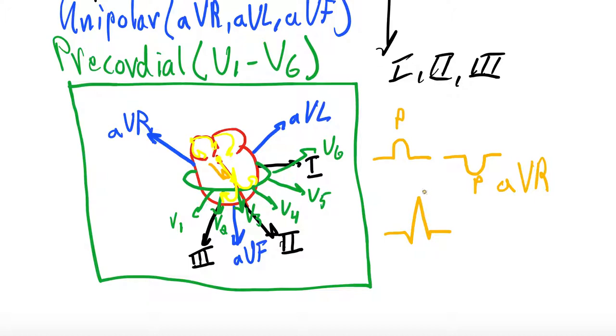AVF is going to have a nice big upright R, assuming that the axis of the heart is in the right direction, because that depolarization should be going through the ventricles right towards AVF and lead 2. So if you look at AVF and lead 2, you should have a nice big upright one.